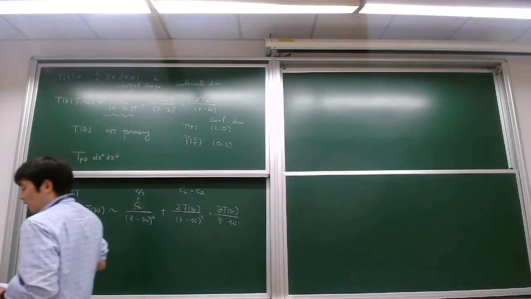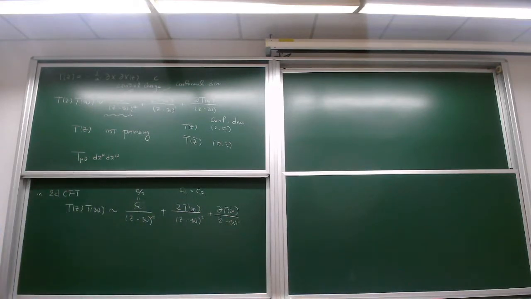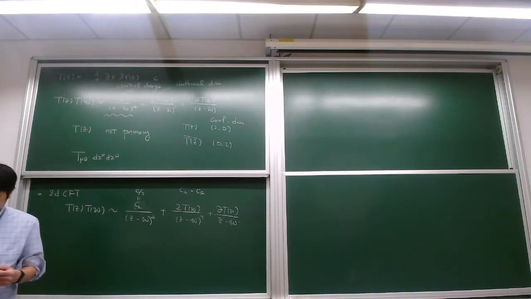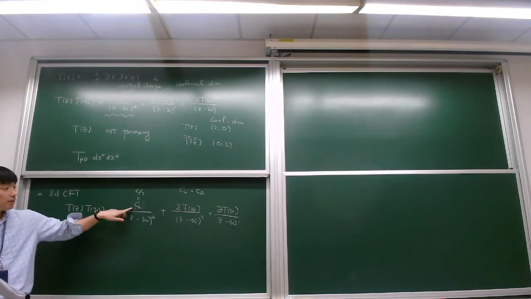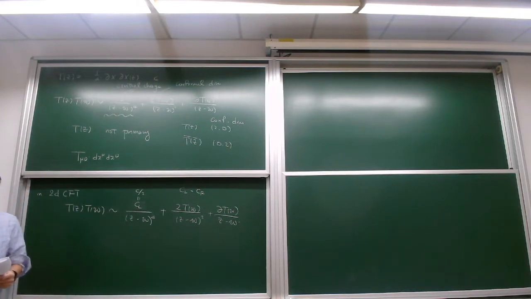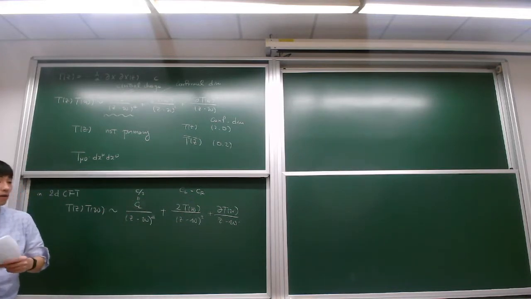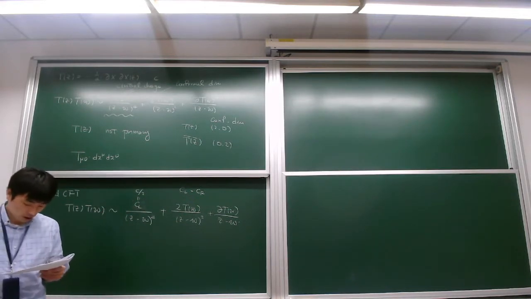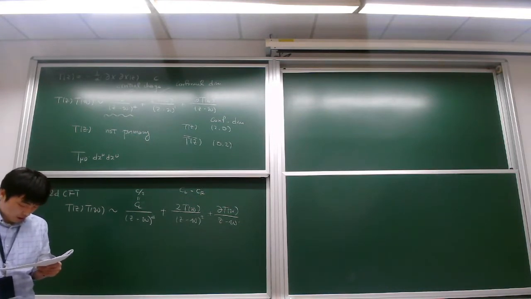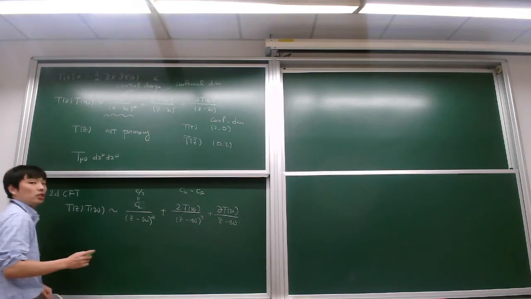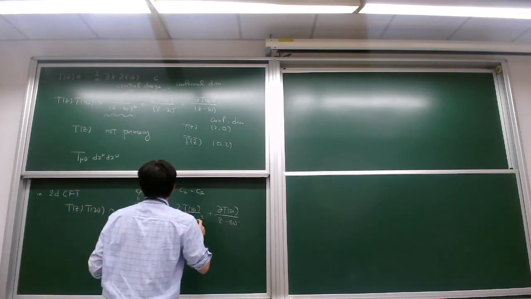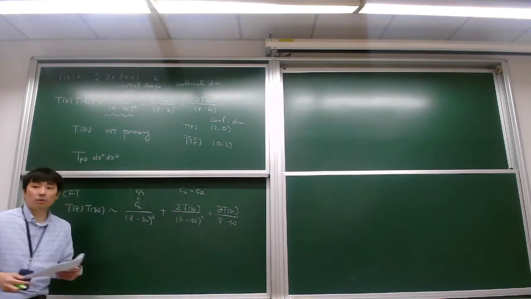But in a general CFT, the left moving and right moving sectors can be different, so it's better to write c_L. In this lecture, in most cases we focus on the non-chiral case, c left equals c right. That's the central charge, one of the most important pieces of information about the CFT.